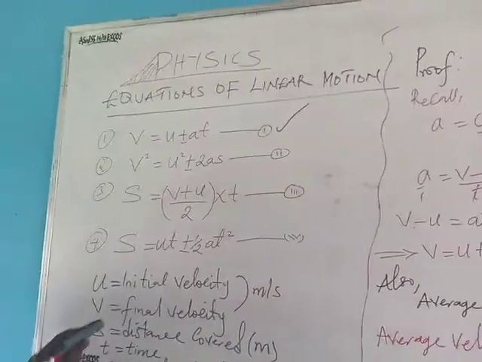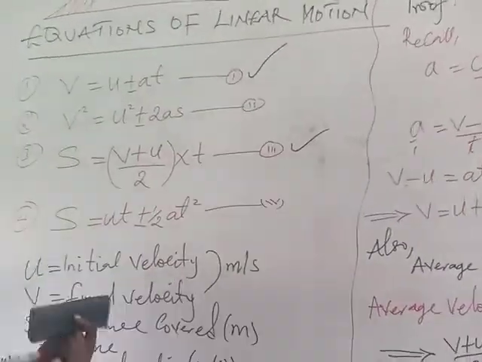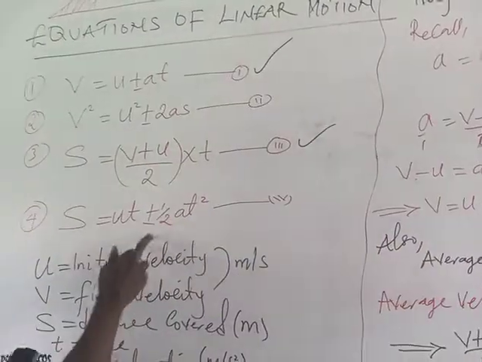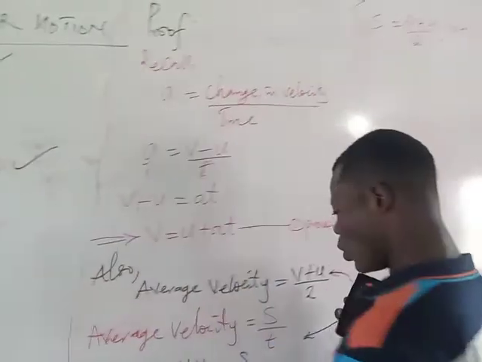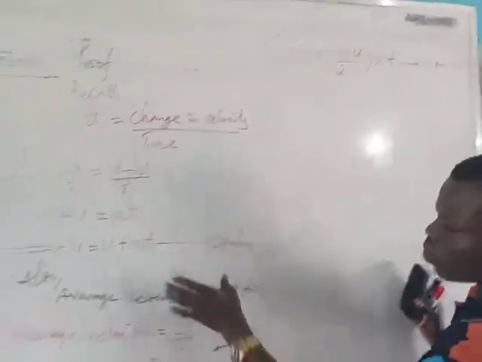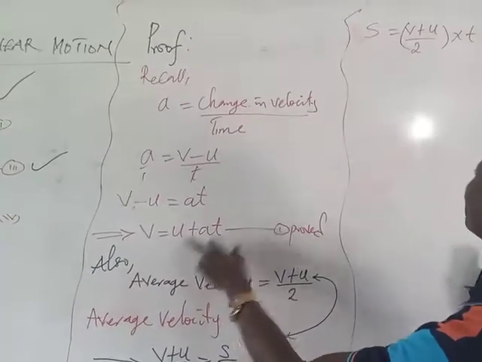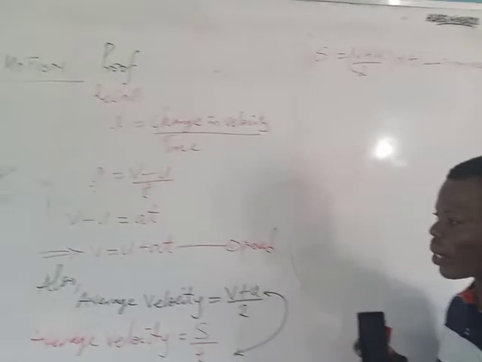Another thing that we want to look at now is this and this. To get this or this, all we need to do is to substitute equation 3 into equation 1 by making any of the parameters the subject of the formula.